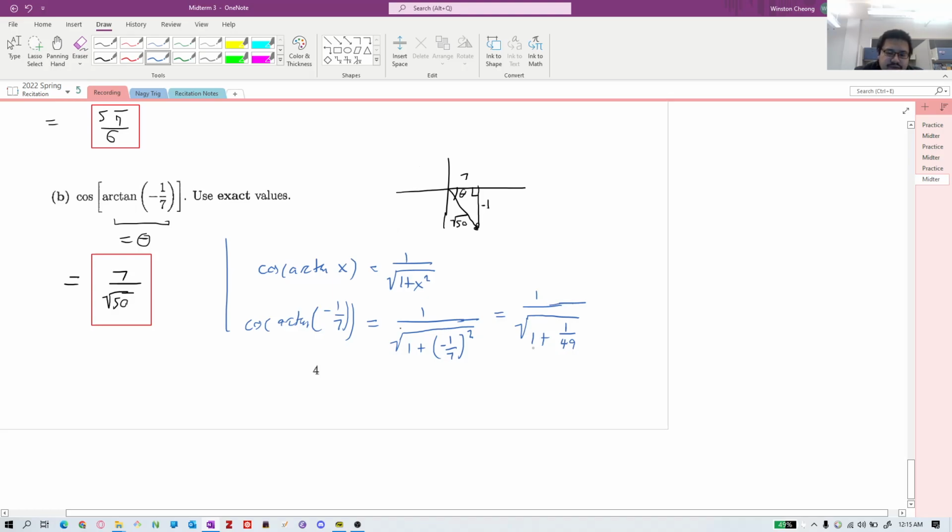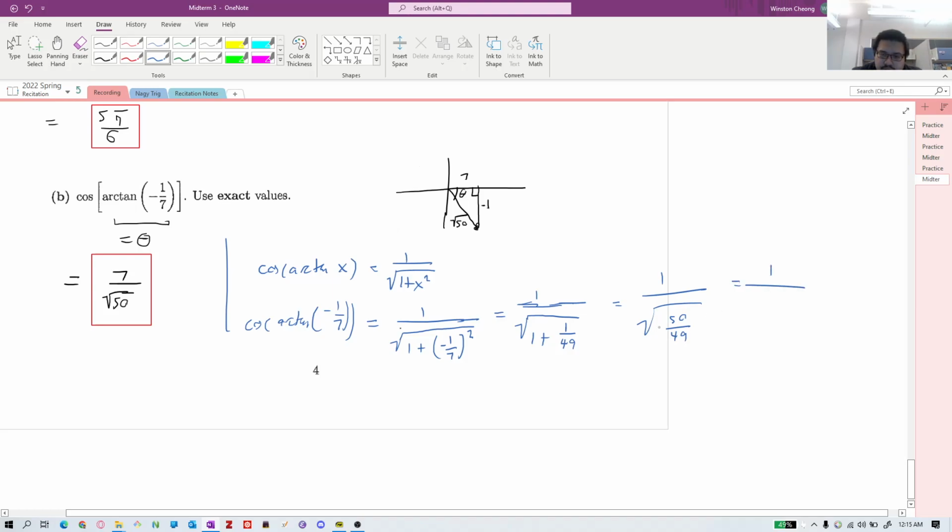Next, I want to combine this. I want to actually do this addition, because then I can think about the square root. So if I do this addition, I need a common denominator, which is 49, and then I add the 1. So we get 50 over 49 when we do the addition. Now I'm going to take the square root.